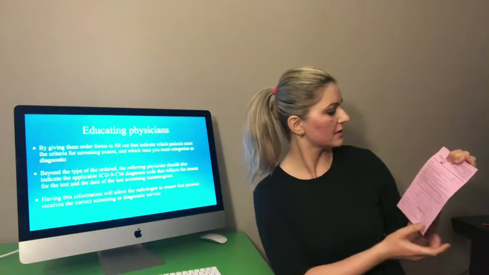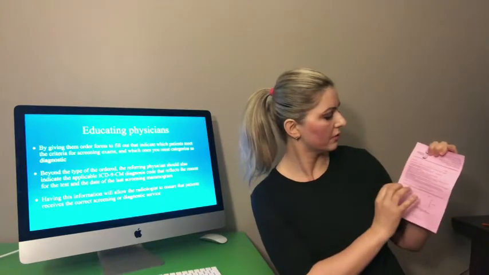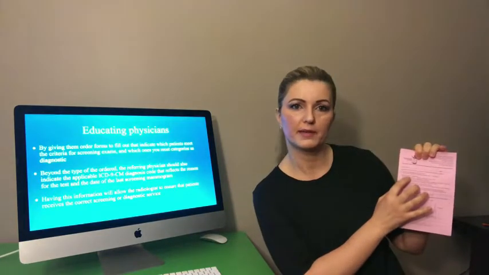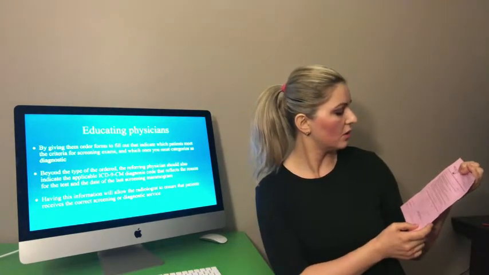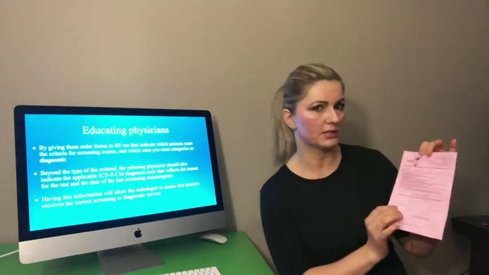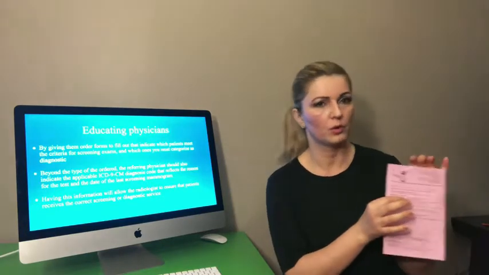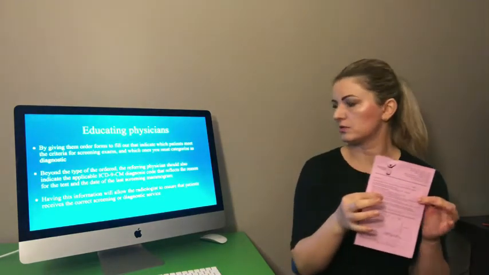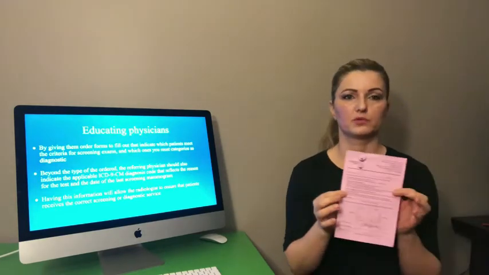So for a diagnostic breast evaluation, for example, you can check palpable lump or history of breast cancer, or follow-up exam, 6 months follow-up, 3 months follow-up, it doesn't matter. Not only do these orders have appropriate boxes to check, but each of these exams has diagnosis codes that reflect the type of test the patient is supposed to have.